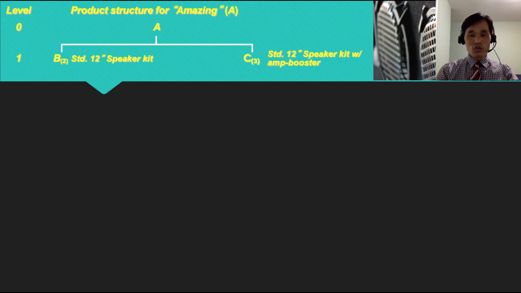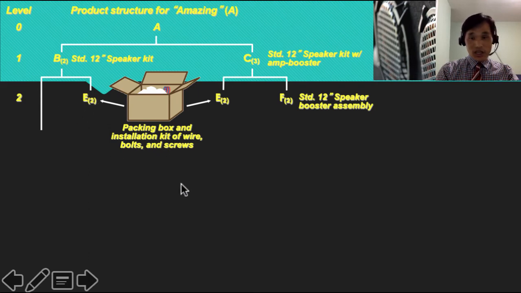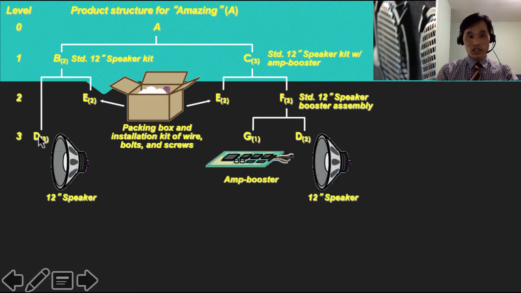Now let us zoom into B. B requires 2 components, D and E. You need 2 Ds and 2 Es, and the subscript 2 beside E and D indicates that 1 B requires 2 Es and 2 Ds.